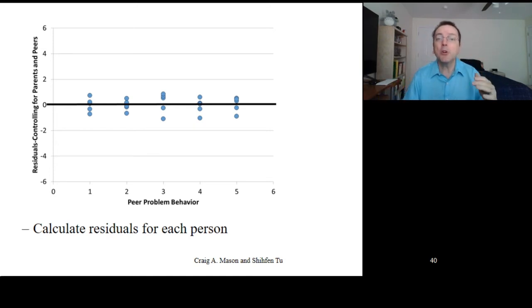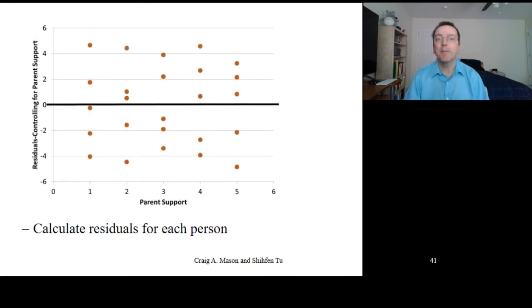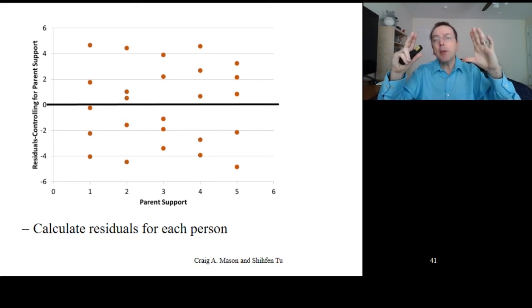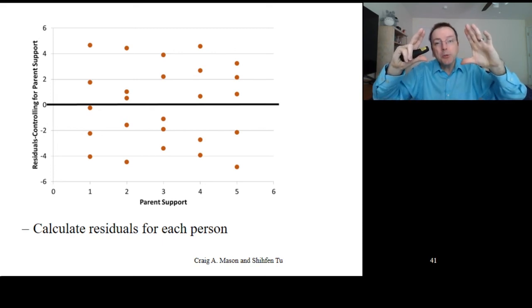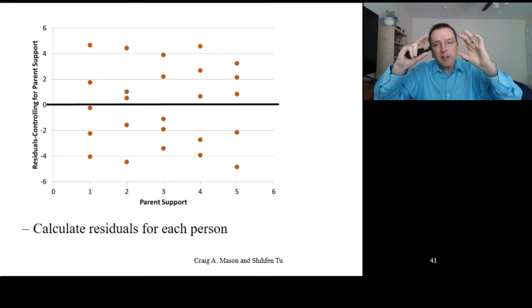These residuals go from negative 1.1 up to a positive 0.8. To see this, let's quickly jump back for a moment to the residuals based only on parental support. See, the residuals were much larger when we only controlled for parent support. By adding peer problem behavior, the residuals have gotten smaller and smaller.